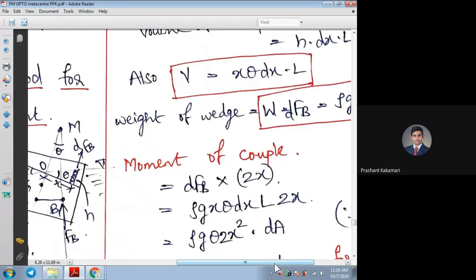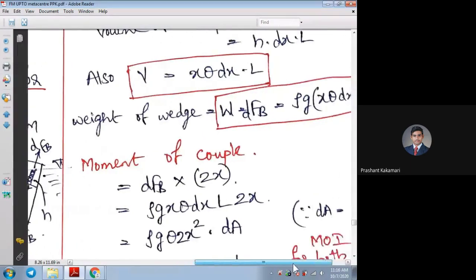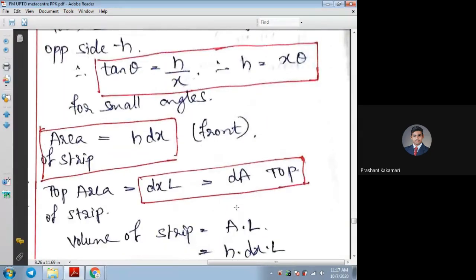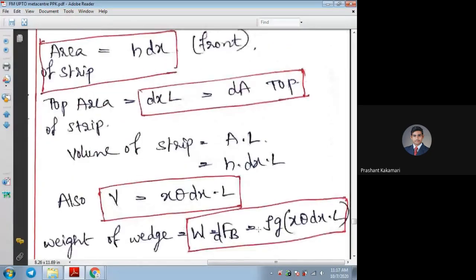Now how are we writing the weight? We are writing the weight as rho g into volume. For this purpose we need area, length, height, and that angle. So there are different purposes for writing all these distances, because we need volume here.